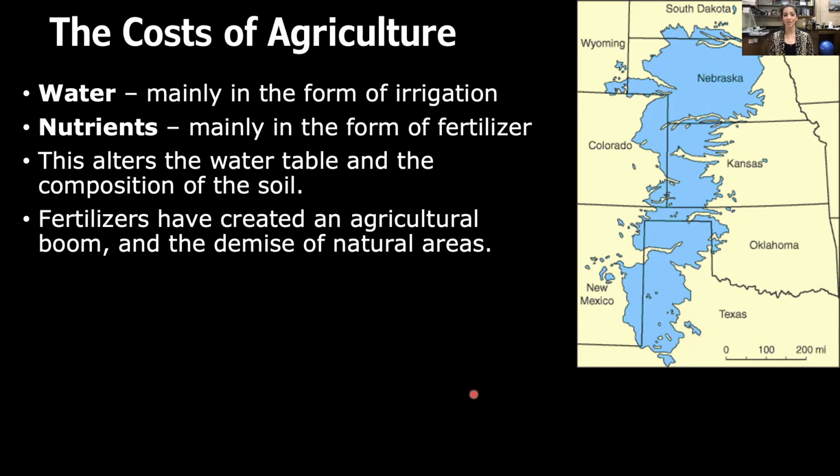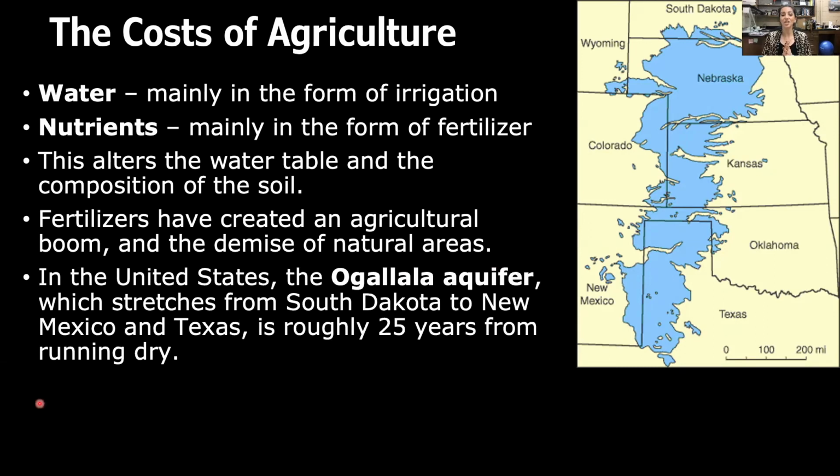And fertilizers have created an agricultural boom, which is great for agriculture, but this has the cost of diminishing our natural areas. In the United States, the Ogallala Aquifer that stretches from South Dakota all the way down to New Mexico and Texas is predicted to dry up completely in the next 25 years.